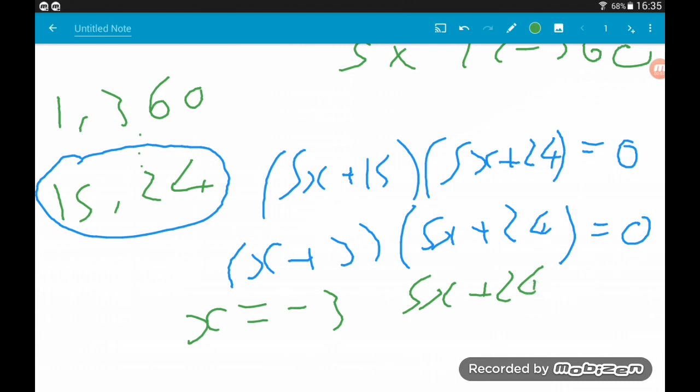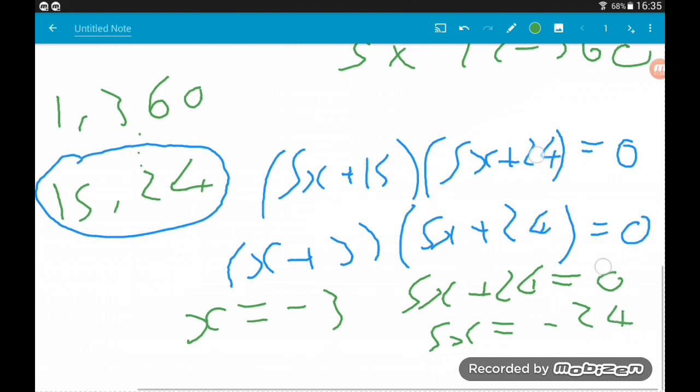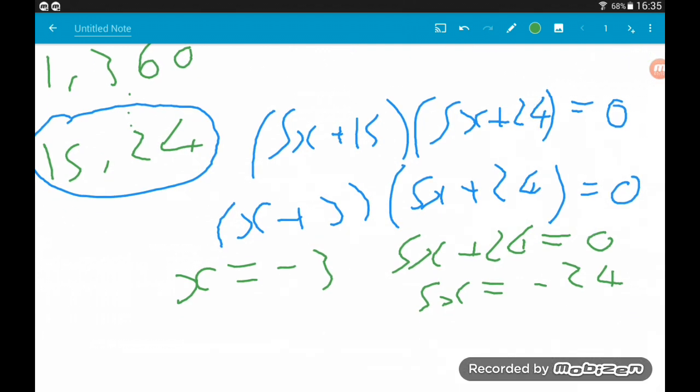So 5x plus 24 is equal to 0. If we take away the 24, we get 5x is equal to minus 24. And then finally, if we divide through by 5, we get x is minus 24 over 5, which is equal to minus 4.8.